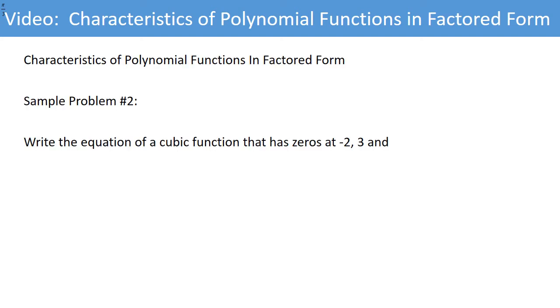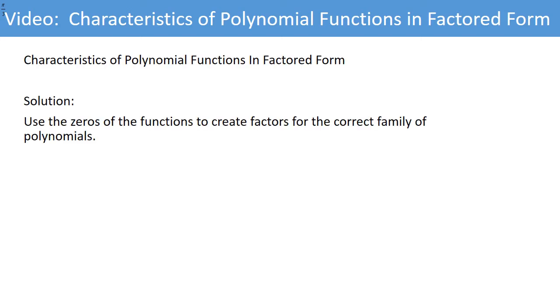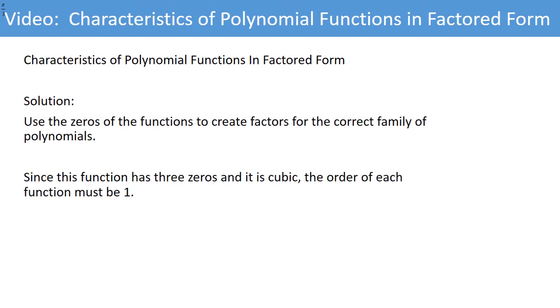And now, write an equation of a cubic function that has zeros at negative 2, 3, and 2 over 5. The function has a y-intercept of 6. Use the zeros of the function to create factors for the correct family of polynomials.